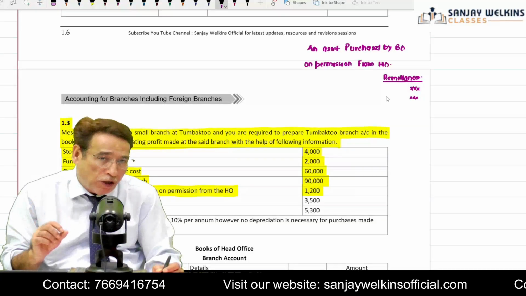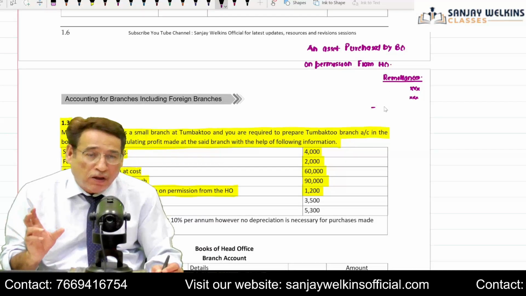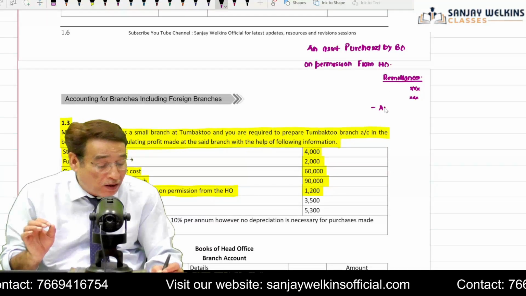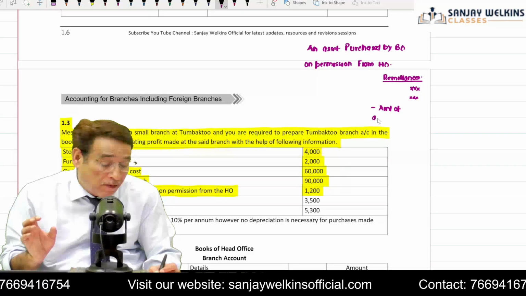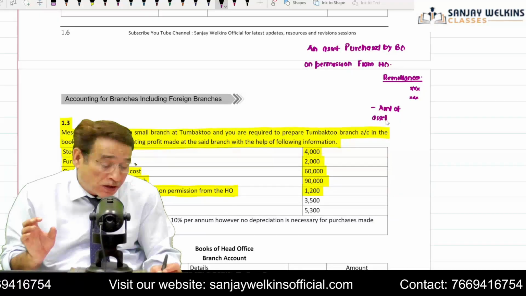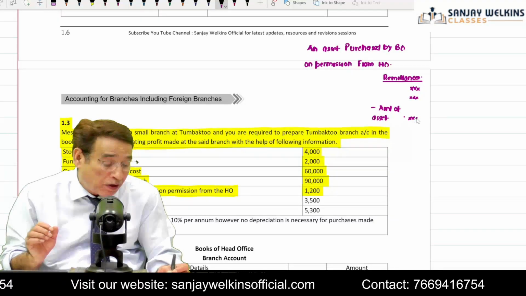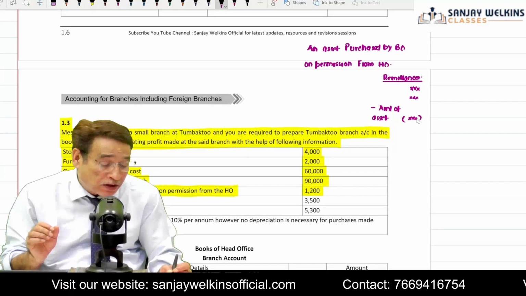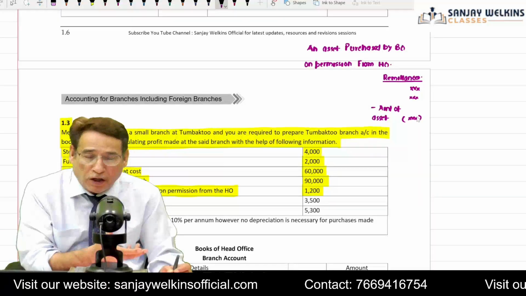Now what branch will do, from this remittances it will subtract the amount of asset purchased. Why is branch going to subtract the amount of asset purchase? The reason being that this was the amount which branch has spent out of their own pocket.